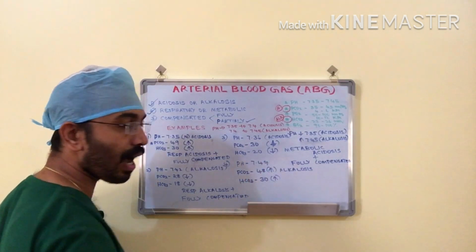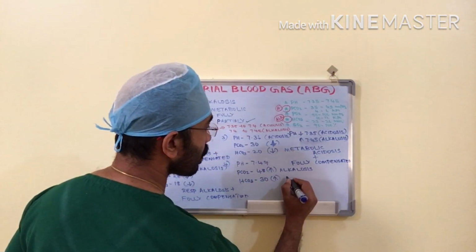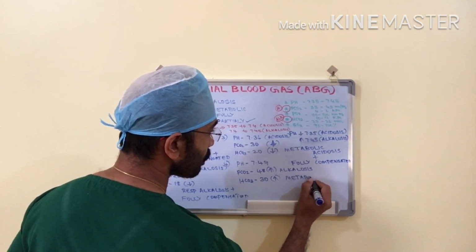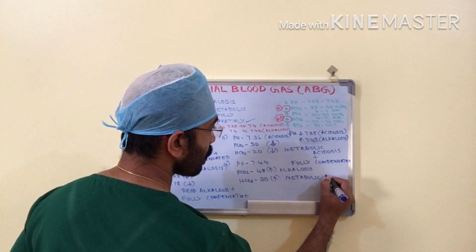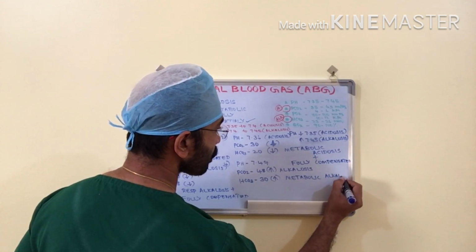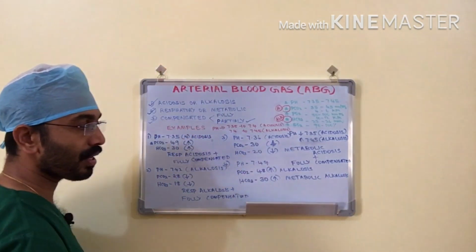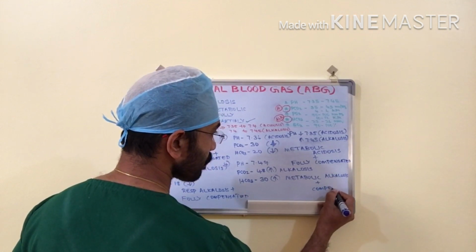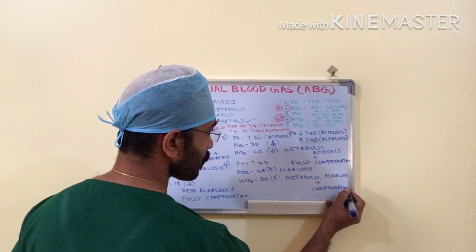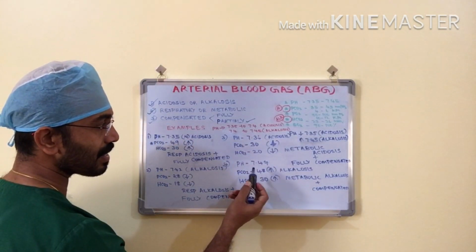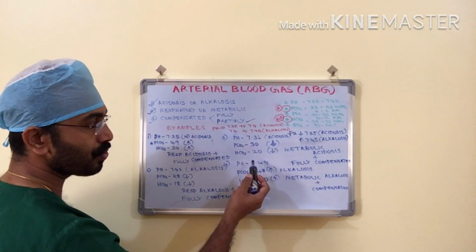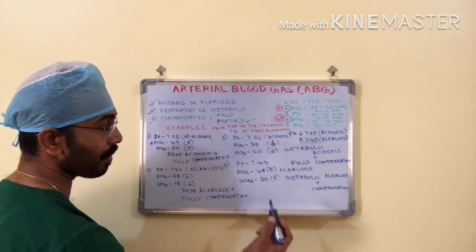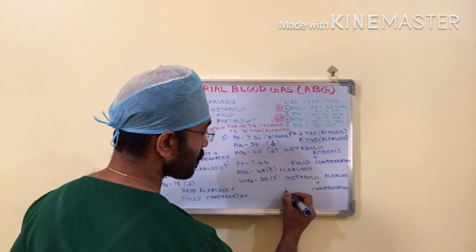So because of increasing alkaline in our blood, it is diagnosed as metabolic alkalosis. Metabolic alkalosis plus compensated. Is the PCO2 sufficient to bring the pH to the normal value? Yes, 7.44 is normal, so it is fully compensated.